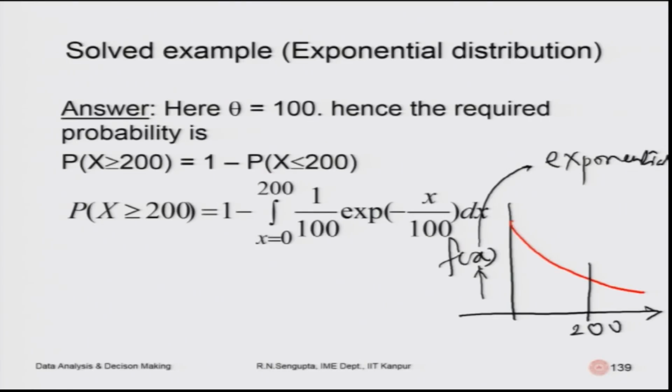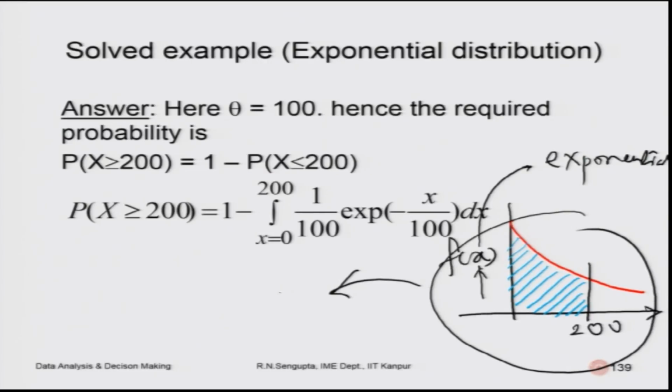You will integrate all the values. Let me use another color, blue. I will find all the PDF summed up, the cumulative values. The whole area from 0 to infinity is basically 1. So 1 minus that blue hashed area would give me the corresponding probability.